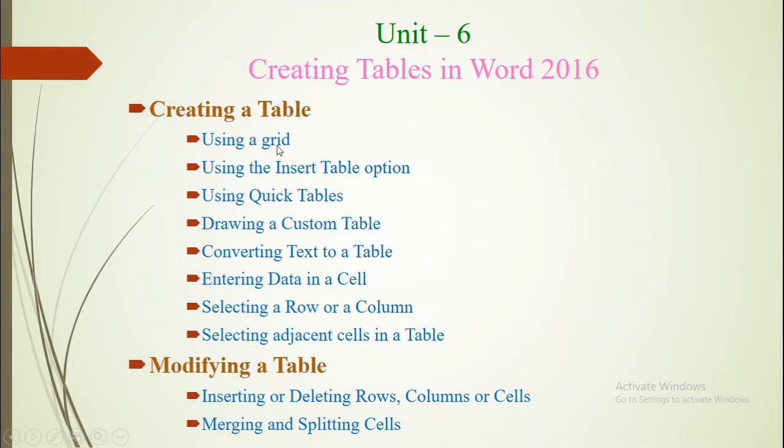Under creating a table we learned how to use a grid to create a table, use the Insert Table option, use the quick access tool, draw a custom table, and convert text to a table, then entering data in a cell, selecting a row or a column, and selecting adjacent cells in a table. These are the subtopics we learned under creating a table.